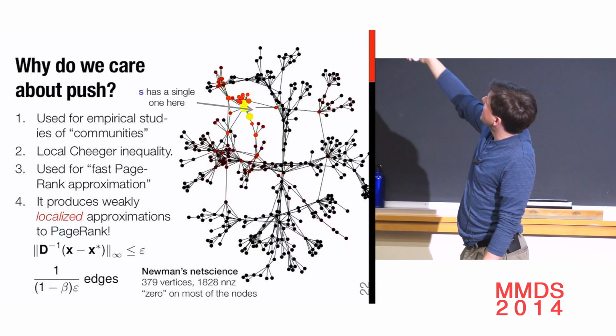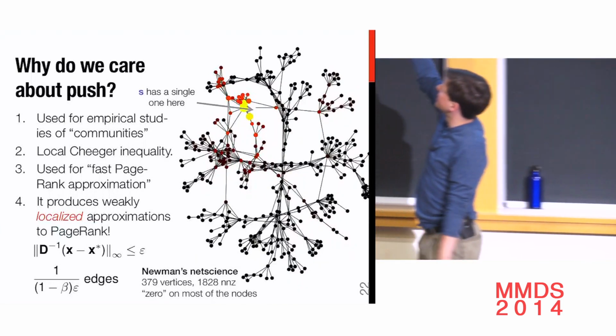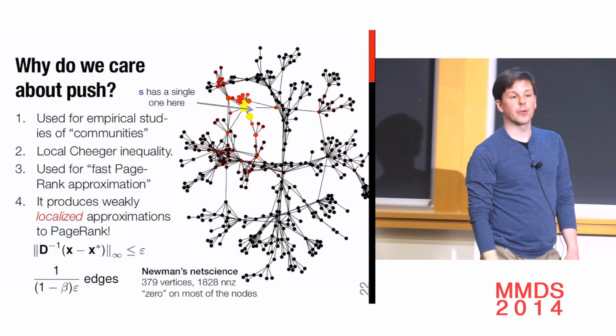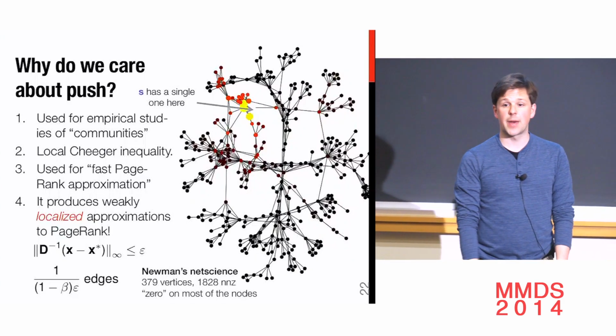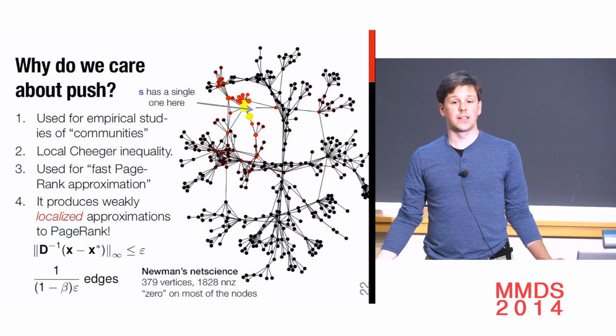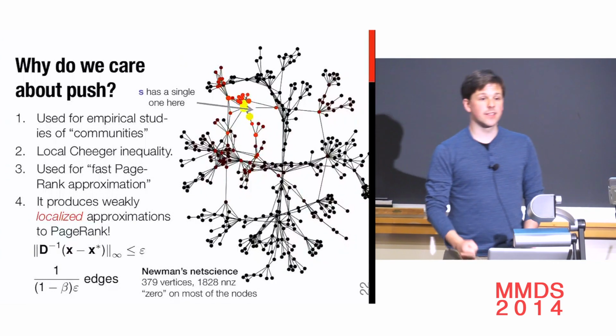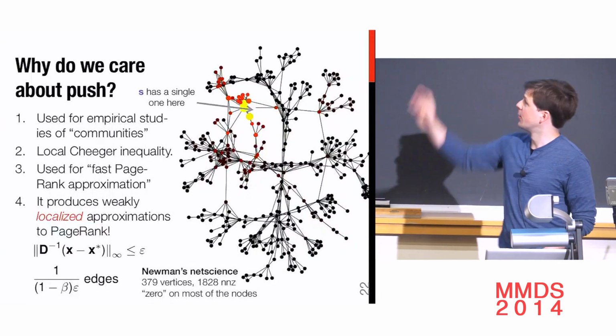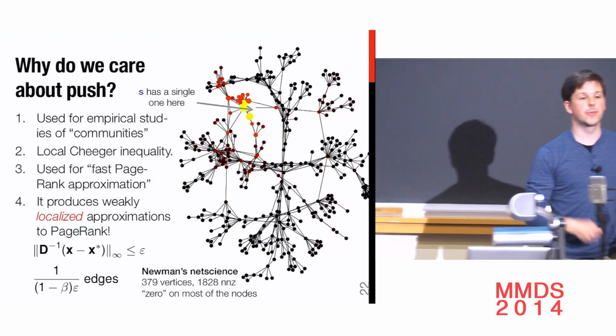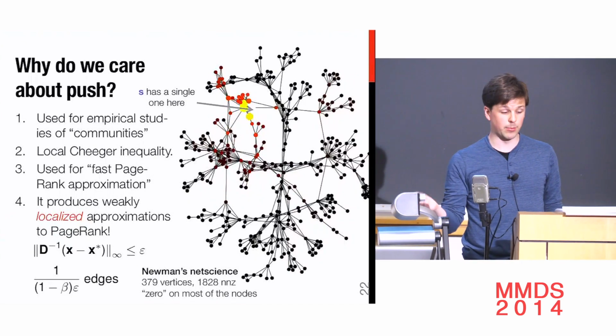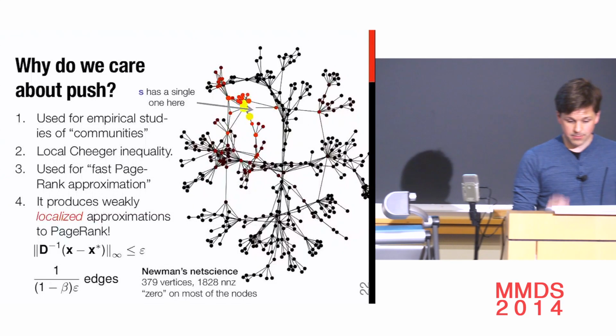In order to attain an accuracy of epsilon in this sense, you only need to look at 1 over (1 minus beta) times epsilon edges, independently of the size of your graph. So what you have to do here doesn't depend on how large of a graph you're looking at. It only depends on beta and epsilon, which makes it very nice to tackle incredibly large networks.